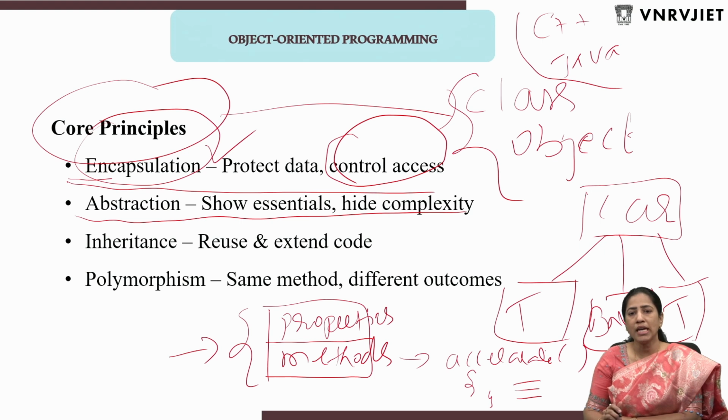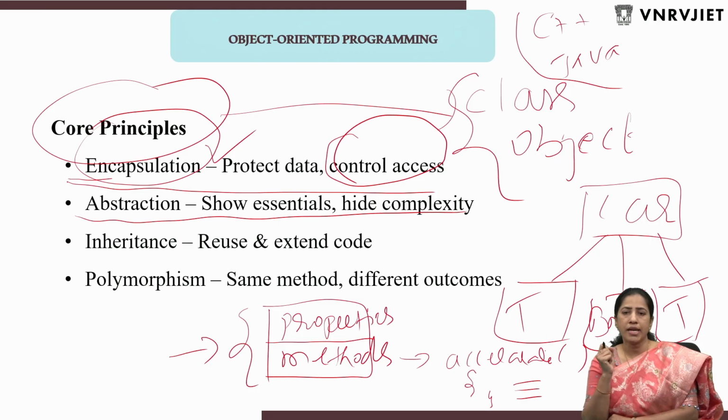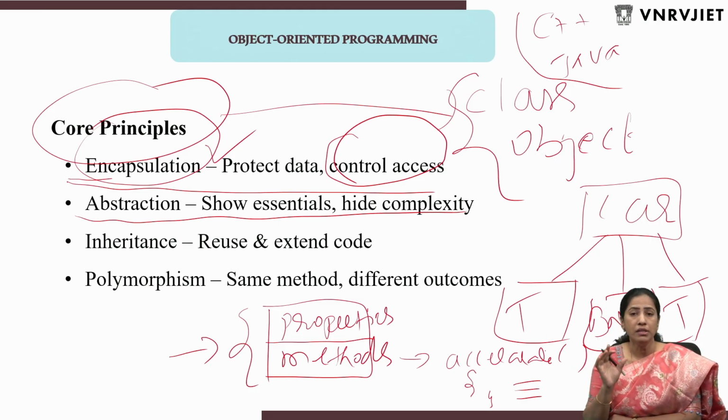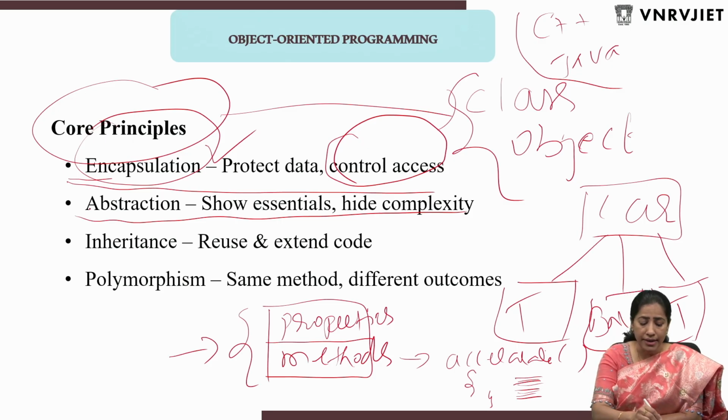That means when you keep gear 1, what is the speed of the car? When you change to gear 2, what is the speed of the car? Those details we are not going to make visible to other programs or other classes. That kind of feature we can achieve through abstraction.